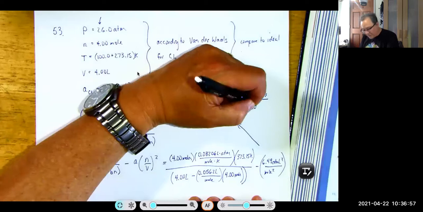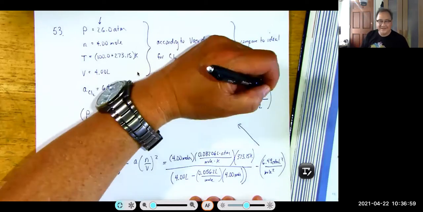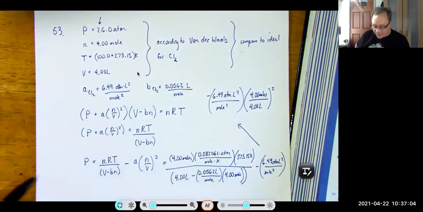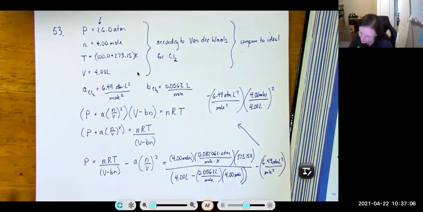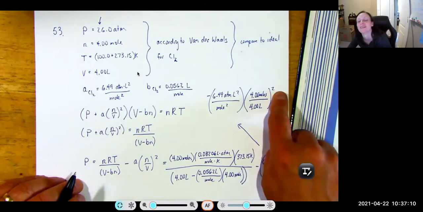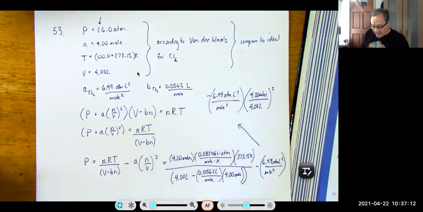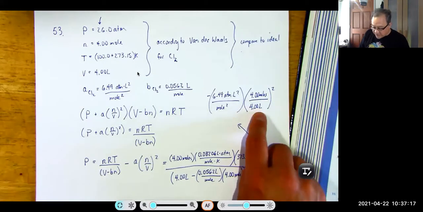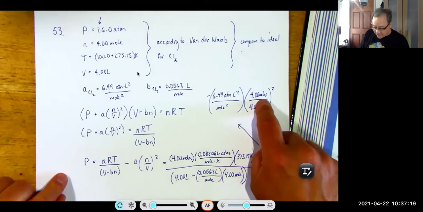Oh, I can see where they're going with this. They're doing us a favor here because you have 4 moles and 4 liters. What's 4 divided by 4? 1. And 1 squared. 1. So all of this is 1. We'll get moles squared and liters squared. So with the mole squares on top, what happens to the mole squares on the bottom over here?